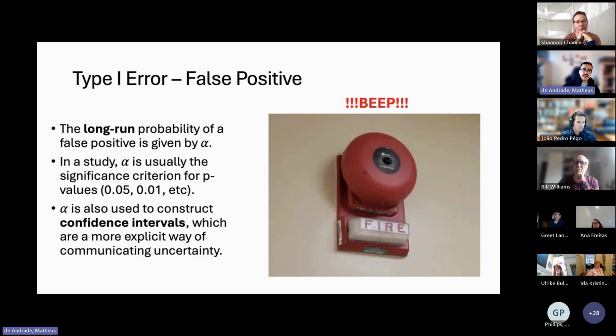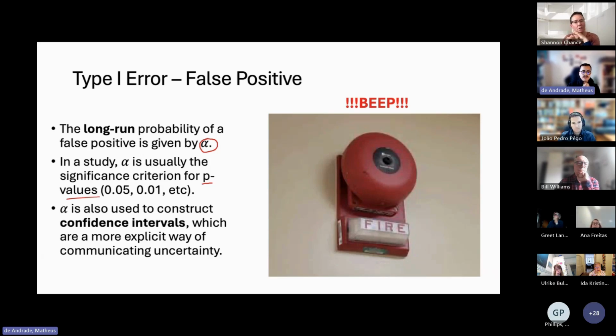So just to recap, we're talking about the type 1 error, the false positives, which we decide at the design stage of our study, and it is the alpha that we're going to use in any tests that we do. This is pretty much equivalent to the criterion for p-values, that you decide significance or not.